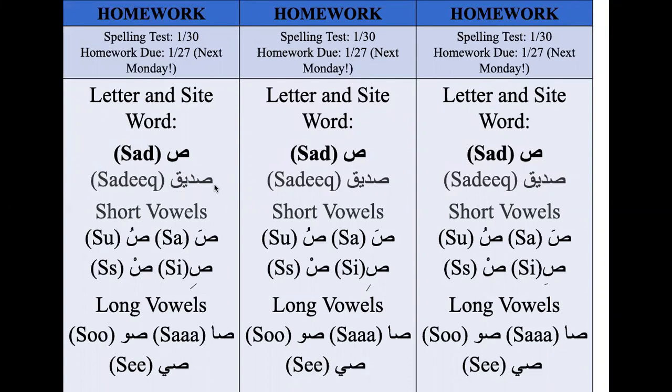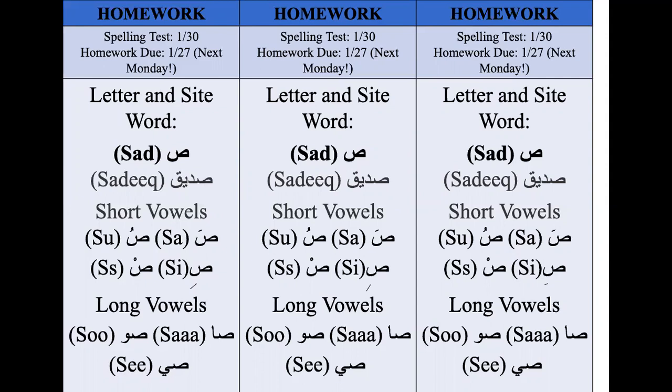So just to note, all of the words that come with their spelling test are a set of high frequency words that we have agreed upon as an entire school. And by the end of first grade, I believe they have about 25 to 50 high frequency words that they should be able to recognize.